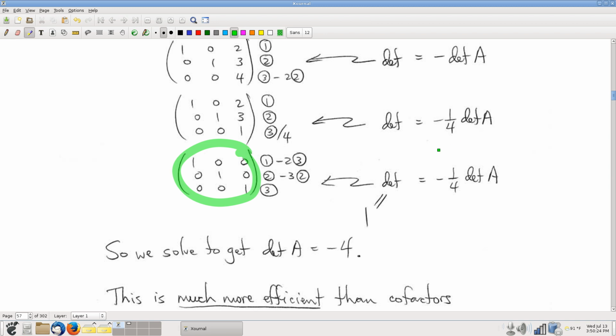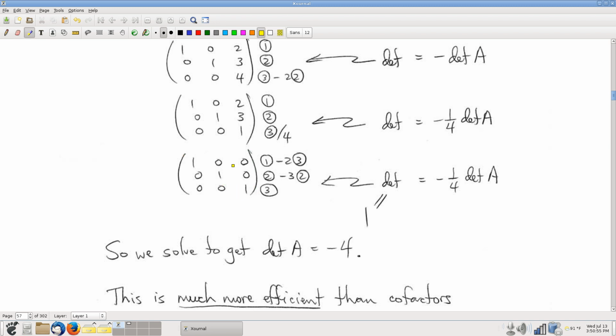Keep in mind we're looking at square matrices. All reduced row echelon form matrices, not only are they upper triangular, but they're either going to be all 1s on the diagonal, if your reduced row echelon form is the identity, such as in this case, or there will be a 0 somewhere on the diagonal if it's not the identity matrix, in which case the product of the diagonal entries is just 0.